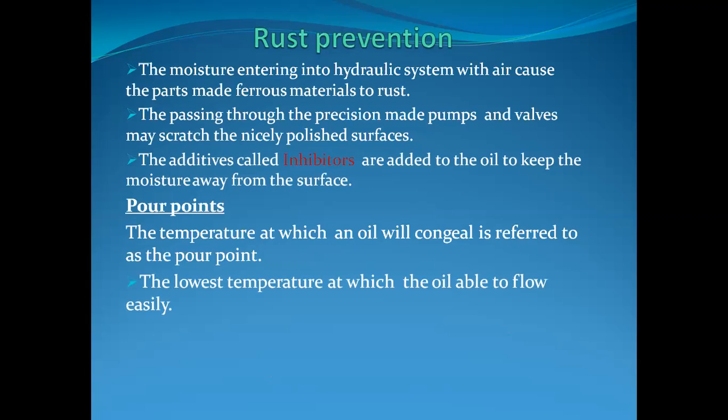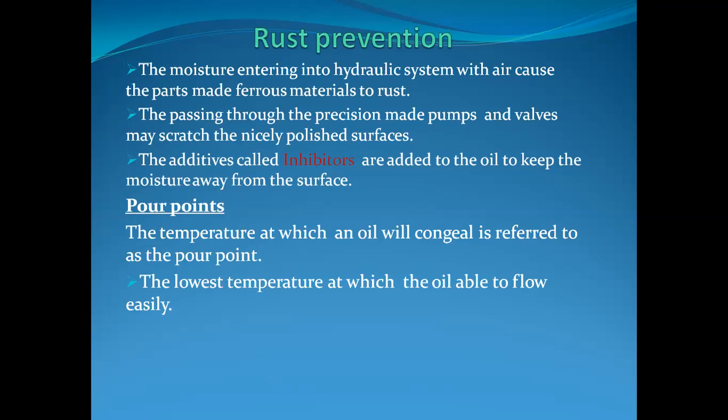Take the same example. Coconut oil can flow in our region, at around 30 degrees temperature. But if we go to a cold area where the temperature is below 10, what happens?